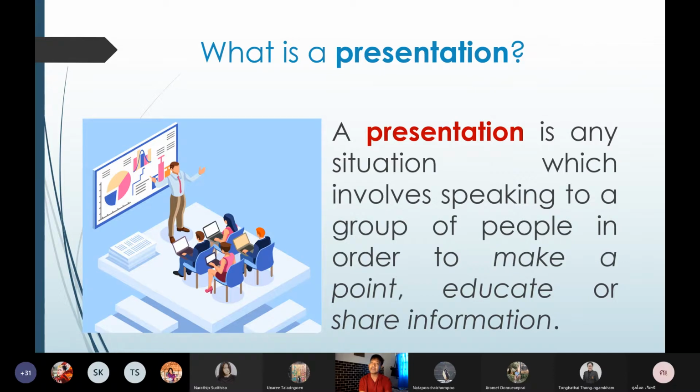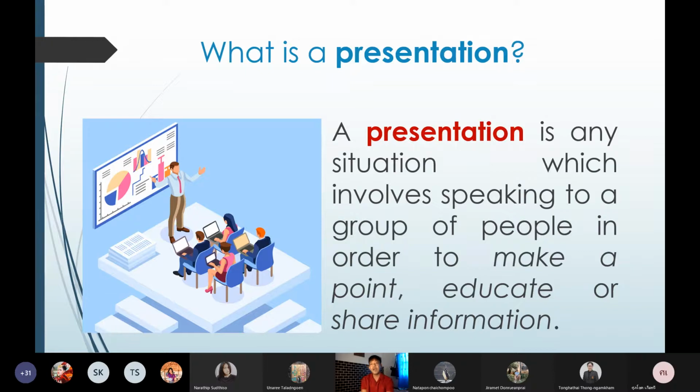As you can see on the screen, in bold letters: a presentation is any situation which involves speaking to a group of people in order to make a point, educate, or share information. So a presentation is any situation where people have to speak in front of others to make a point, to educate, or to share information.